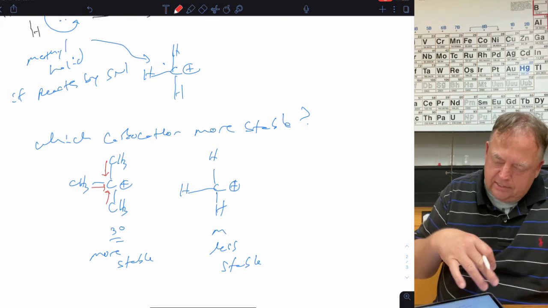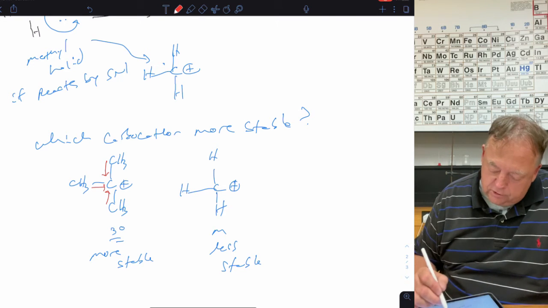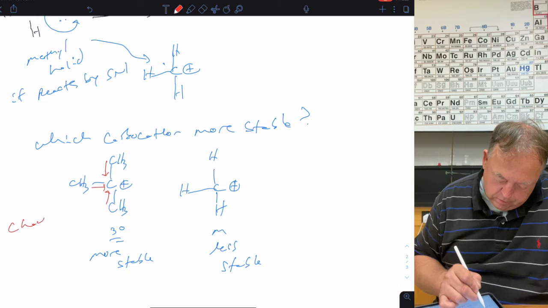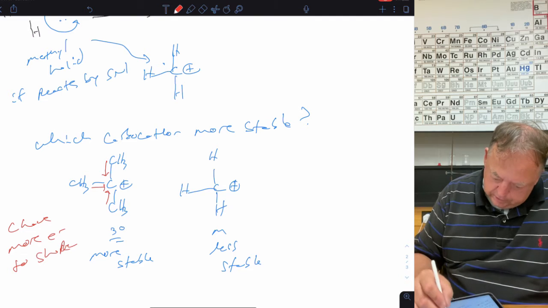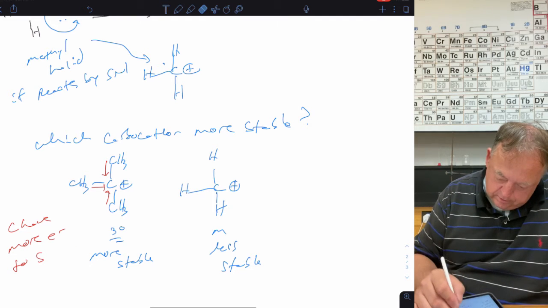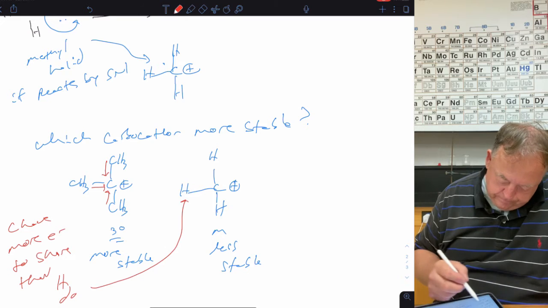So it will delocalize some of the positive charge to the carbons. And carbons have more electrons to share than hydrogens do.